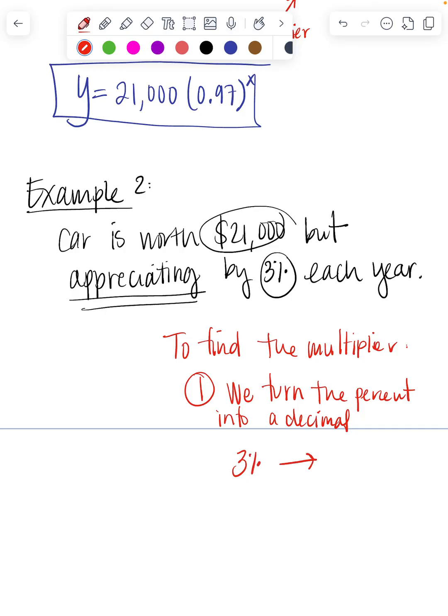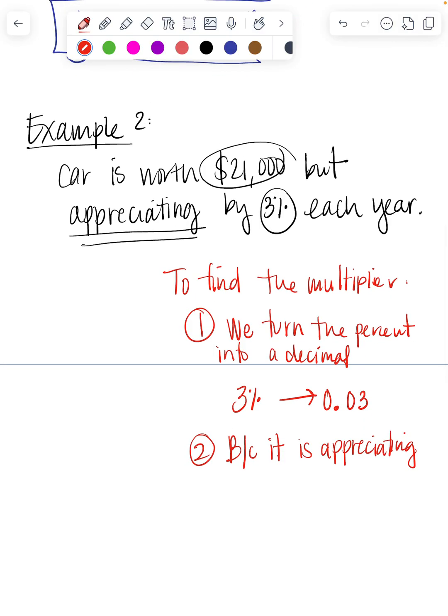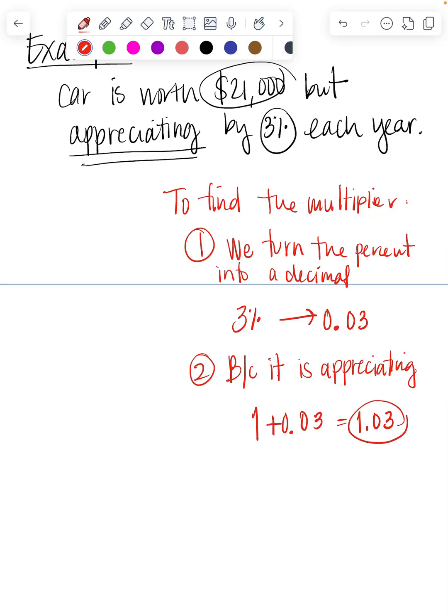We know that 3% becomes 0.03. Then, because it is appreciating, instead of subtracting from 1, we will be adding. So that's the difference. That will be 1.03, and therefore that is our multiplier.